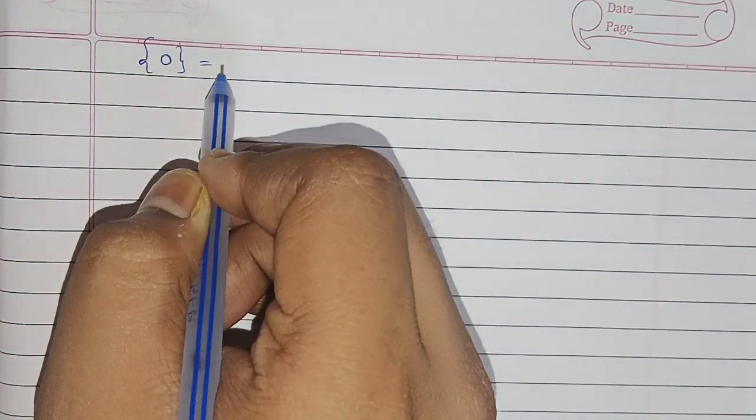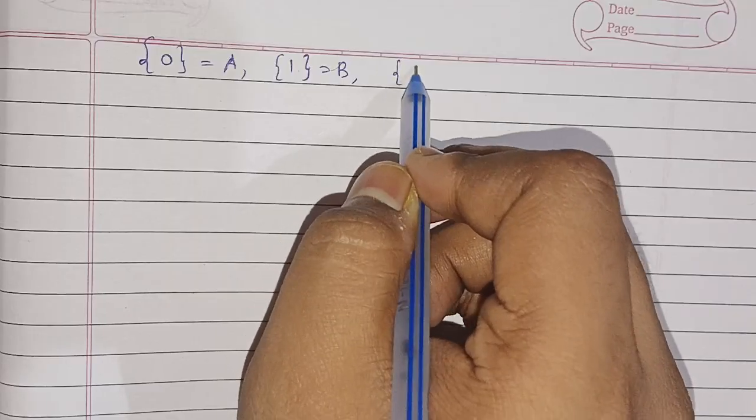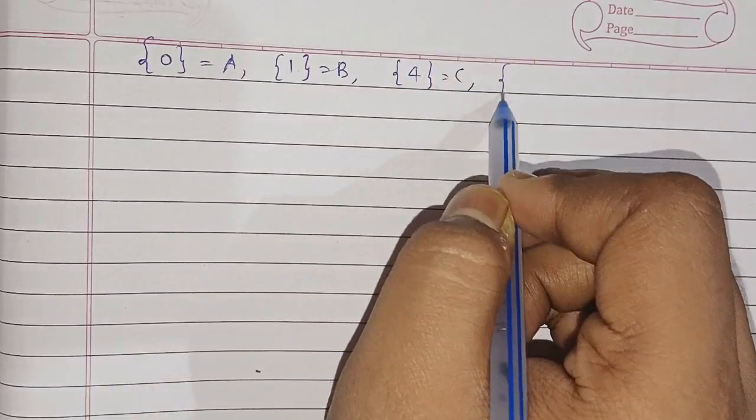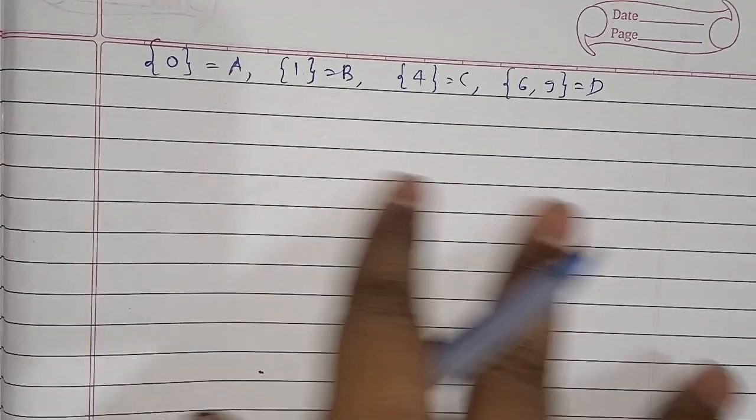I am writing here on a new page 0, this as B, this as C, this as D. Okay, we have renamed this.